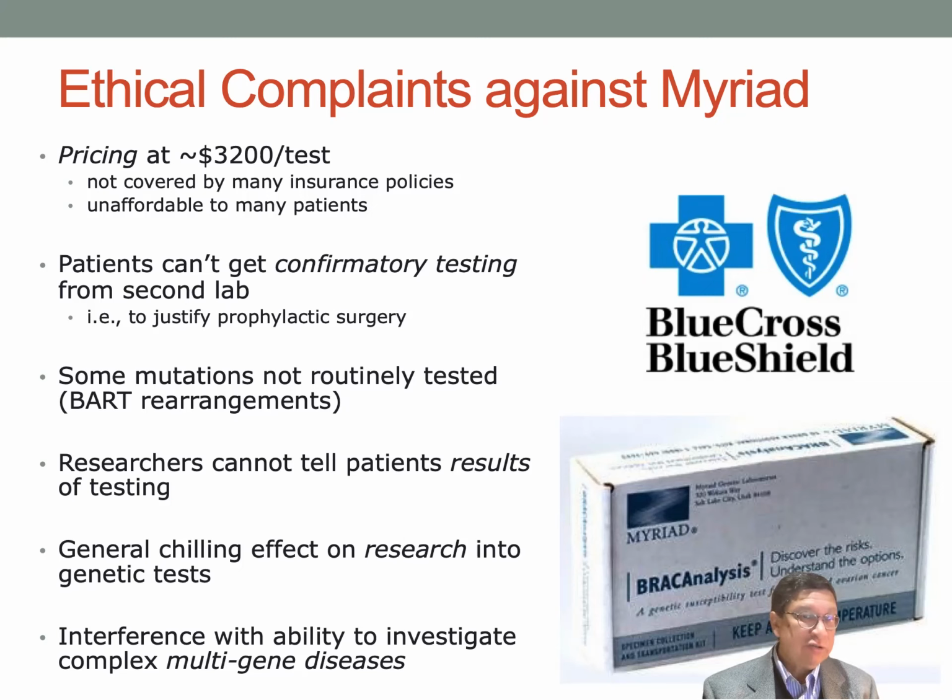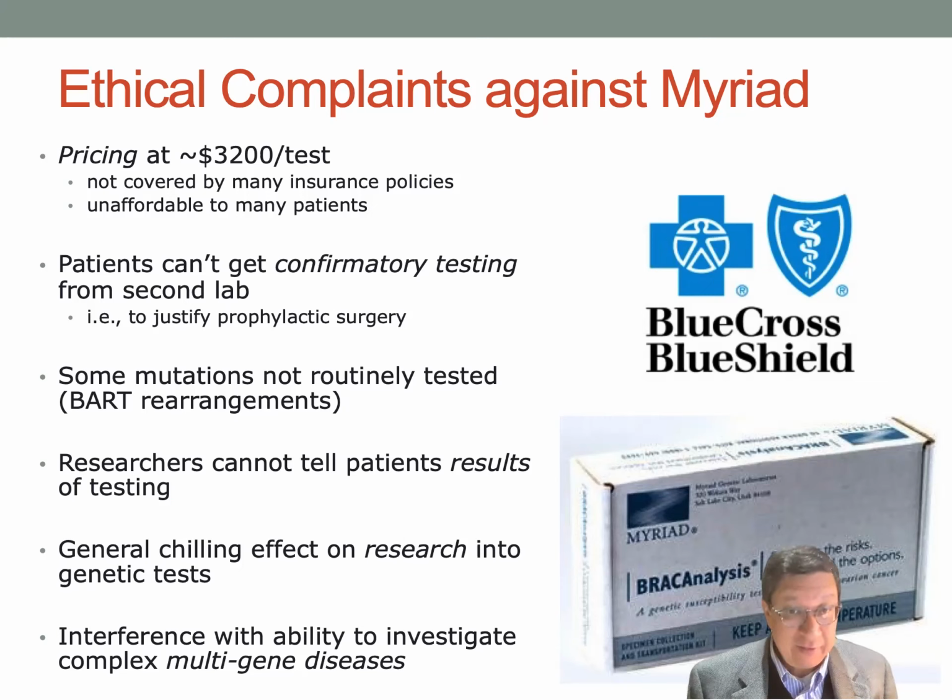Similarly, as I mentioned, researchers in the laboratory were allowed to use the BRCA genes for academic research, even though the genes were patented. But if those researchers detected a deleterious mutation in a patient who participated in a research study, the researchers could not tell the patient that they had one of these deleterious mutations.